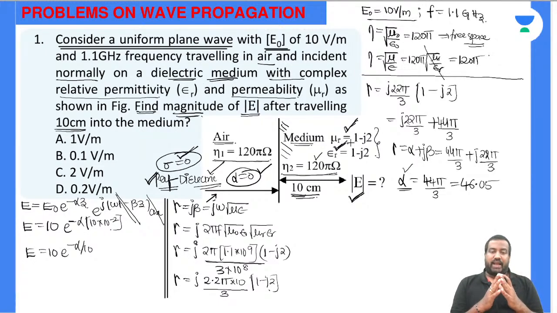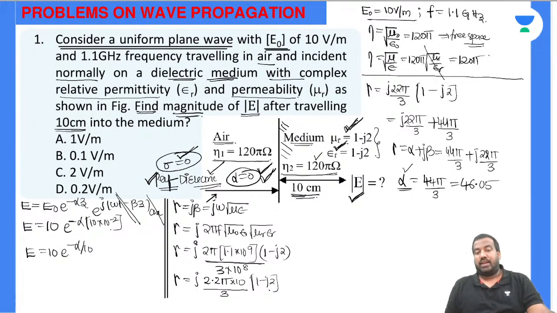For example, if mu r is 2 and epsilon r is 2, then instead of 1 minus j2 you are substituting under root of 2 into 2, under root 4, which is 2. Then gamma will always be imaginary only, alpha will always be 0 only. It will not lead to any attenuation.